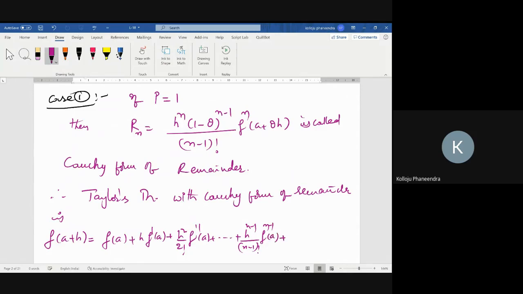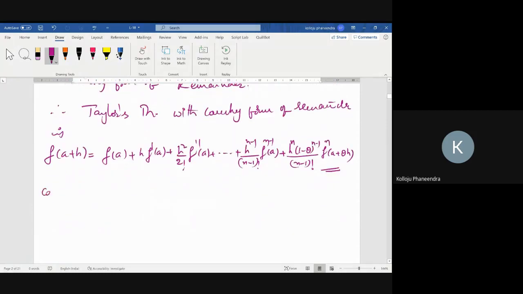Up to here n terms are over. Now the n plus 1th term, that is the remainder, h to the power of n (1 minus theta) whole power n minus 1 by n minus 1 factorial f n a plus theta h. This is Taylor's theorem with Cauchy's form of remainder.